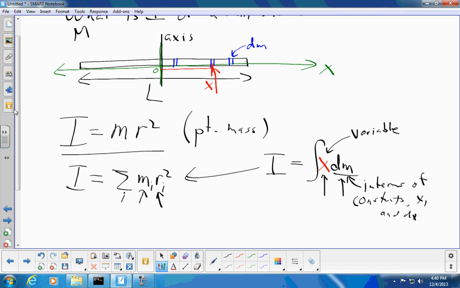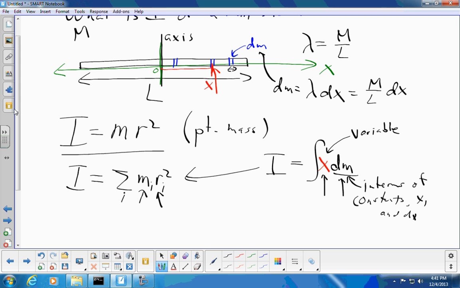I am going to describe the mass distribution on the stick by saying that it has a linear mass density lambda, which is mass per unit length. And I'm going to say that the mass of each of these pieces, dm, this is a uniform stick, is equal to that linear mass density times the length. How far is it from one edge to the other of that little piece? And that length, of course, is dx. If you don't like the lambda, you can just write this as mass over length times dx.